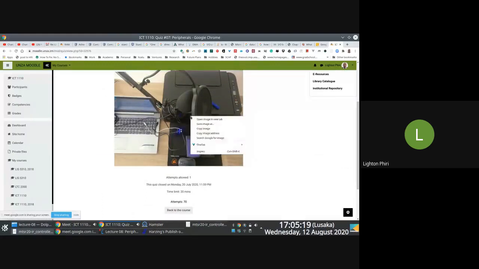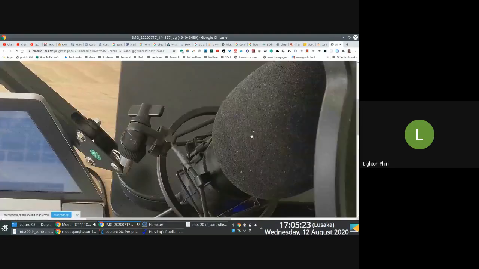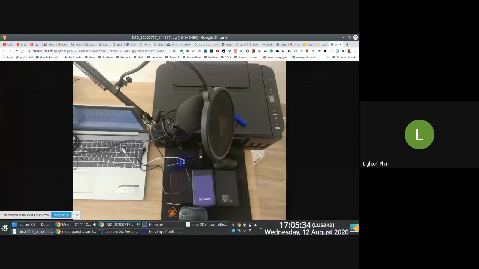So this is what I mean here, right? Lighton has this thing here. What if Lighton wanted to add more things besides his Maono microphone, besides his printer, besides his 3 external hard disks? Actually, Lighton has 5, but you can only see 3 so far.